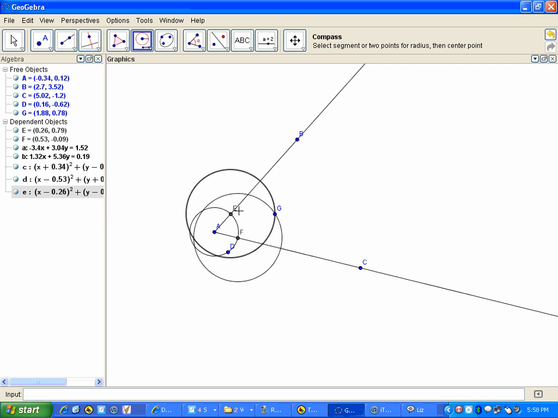Okay, so I've got these two same-size circles.